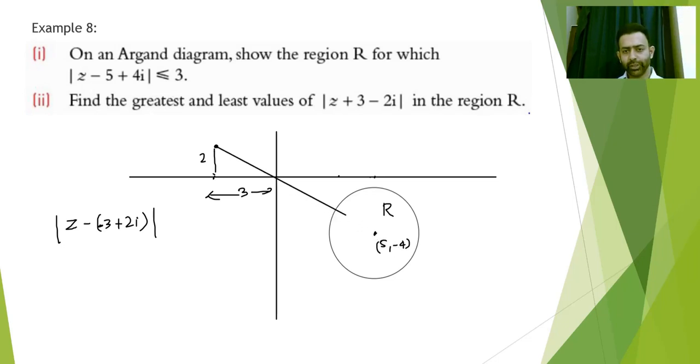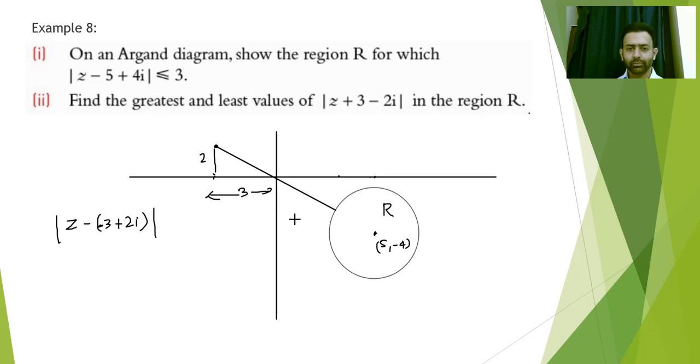So this point, if you are watching closely, will be the least distance of z from the point, and this will be the maximum distance, right? So let us draw this till here to find the least distance.